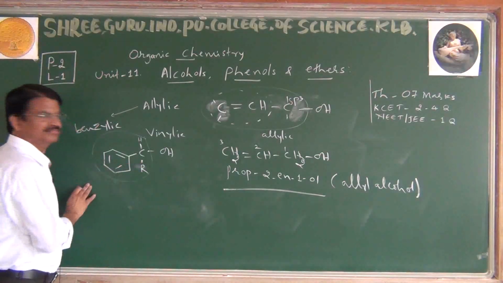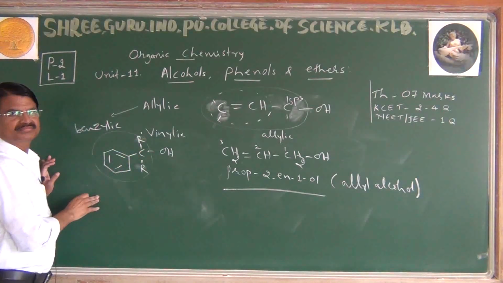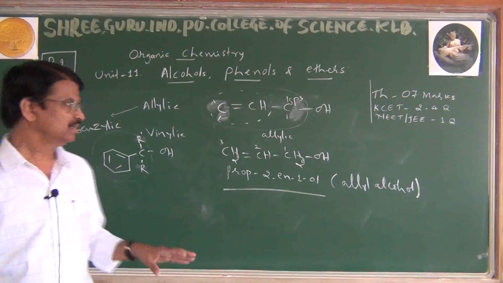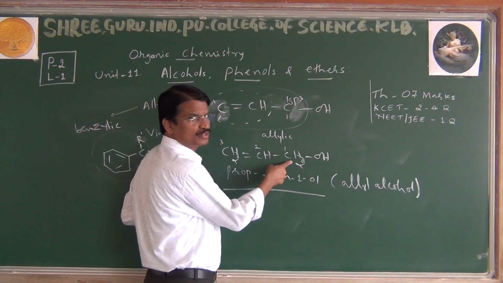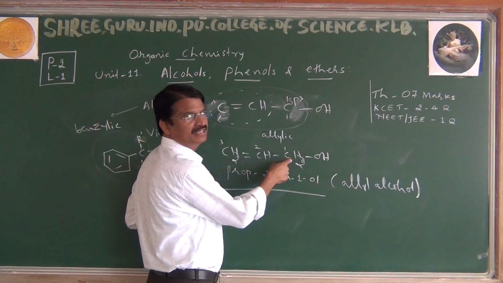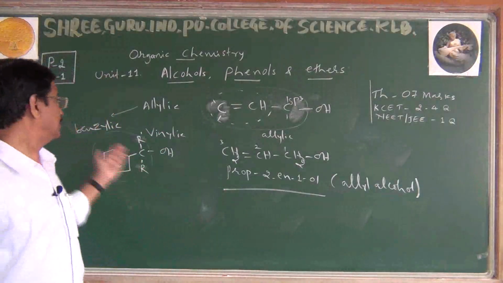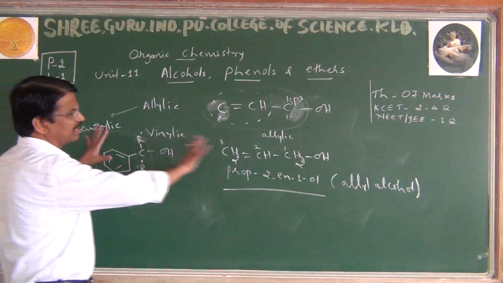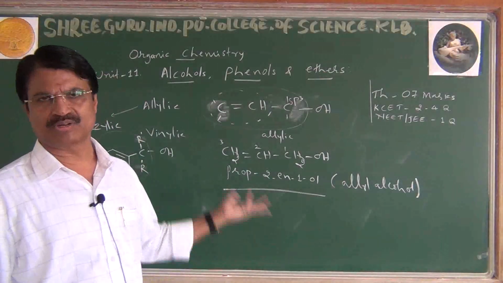If I write here R, methyl or ethyl, secondary alcohol. One more R group, tertiary alcohol. Therefore, in benzylic alcohol, 3 types: primary, secondary, tertiary. Allylic alcohols also 3 types: OHCH2 primary, OHCH secondary, OHC tertiary. If you know clearly about primary and secondary, then you can identify which compound is primary alcohol, secondary alcohol, and tertiary alcohol.